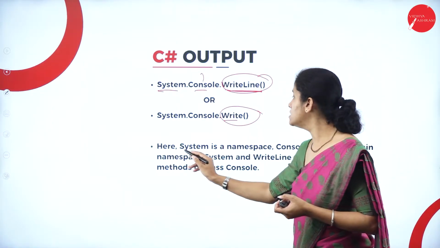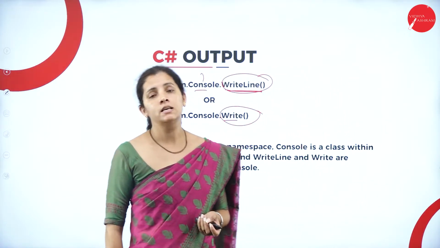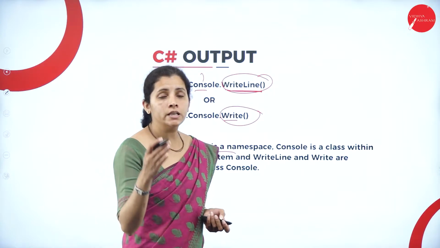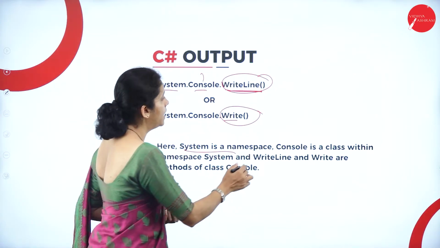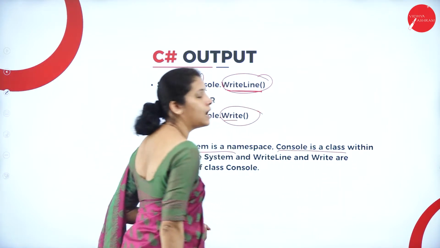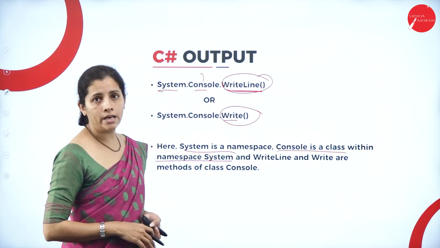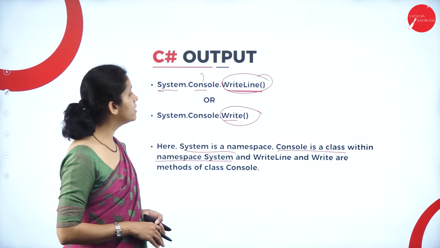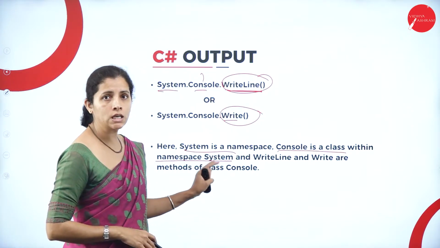So here System is a namespace. What is a namespace? That is nothing but it includes classes as well as methods. And Console is a class within namespace System, and WriteLine and Write are the methods of the Console class.